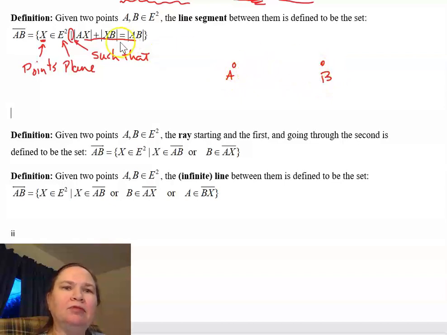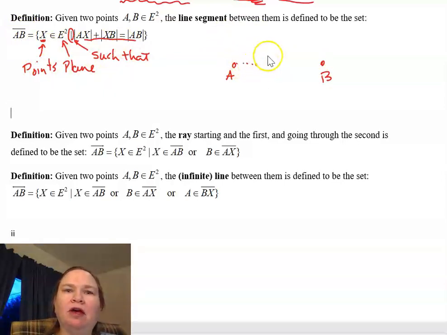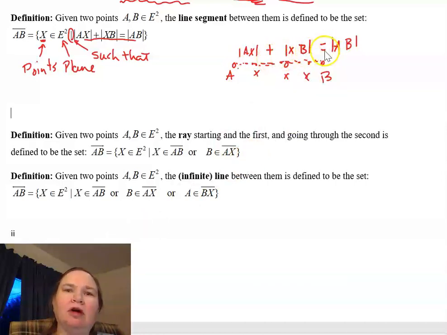Well, I put on A and B, those are like my fixed points over here. And then I think about all of the different x's there could be, where if I go from A to x, and then I go from x to B, that distance is the same as going straight from A to B. So that means x is on this straight path between A and B. And so x could be any of those points where my triangle inequality is actually equal.